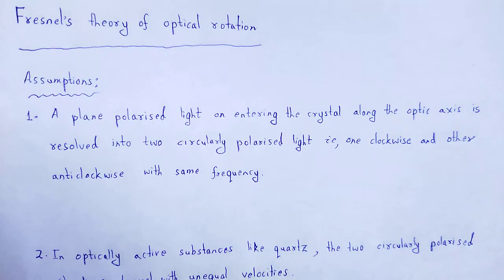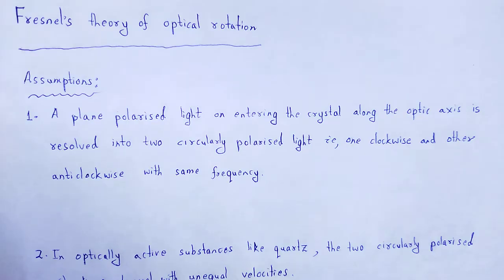The substances which produce such angles of rotation are called optically active substances, and those substances which do not obey that phenomenon are called non-optically active substances.